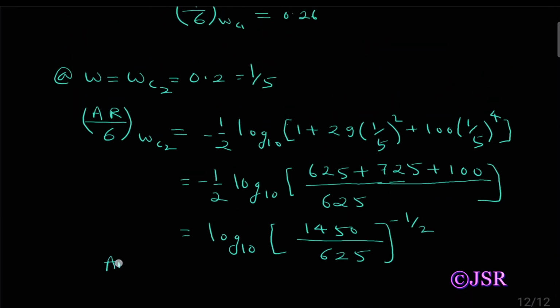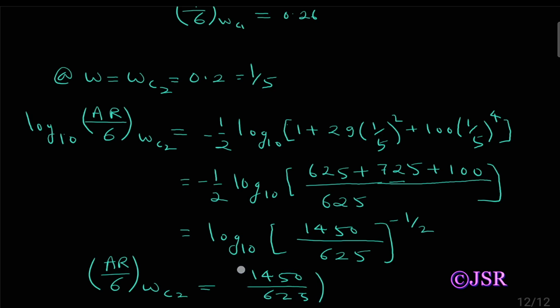So the amplitude ratio by 6 at omega c2 will be equal to 1450 by 625 to the power minus half, which is the square root of 625 divided by 1450, and that is 0.65.